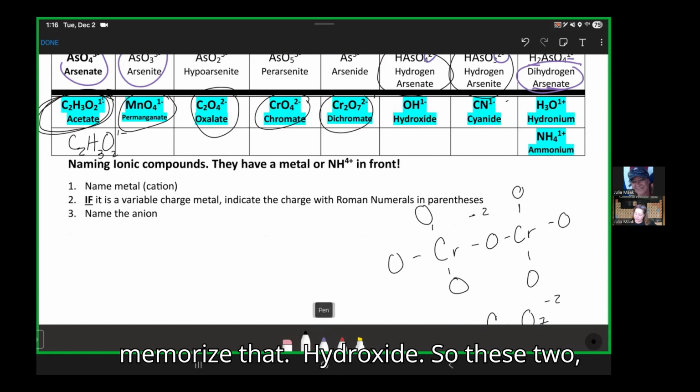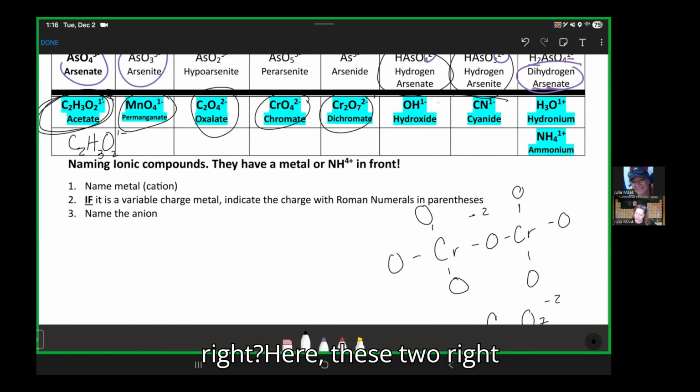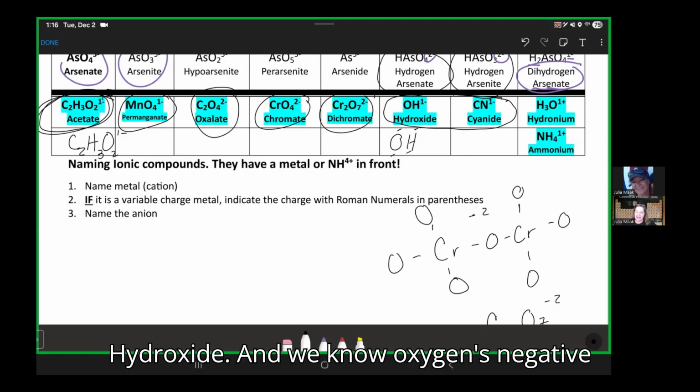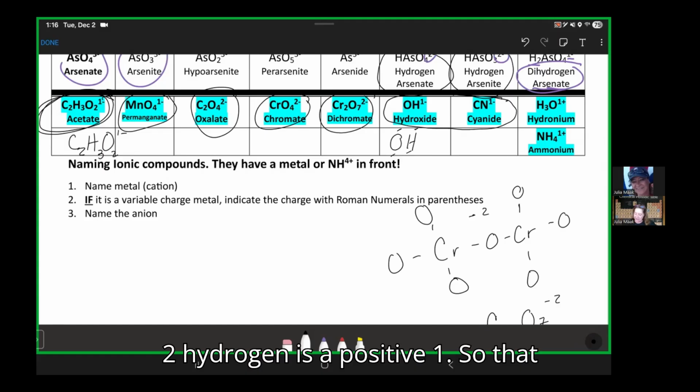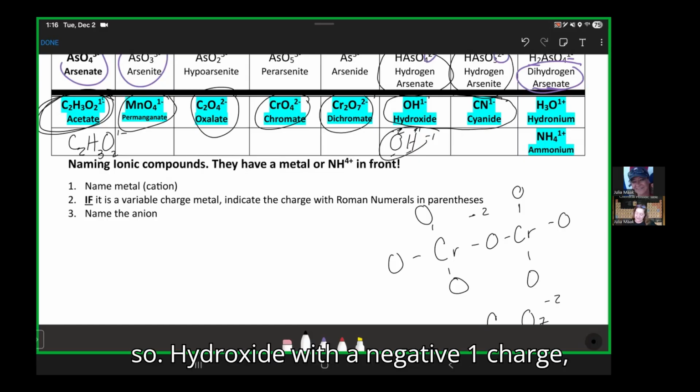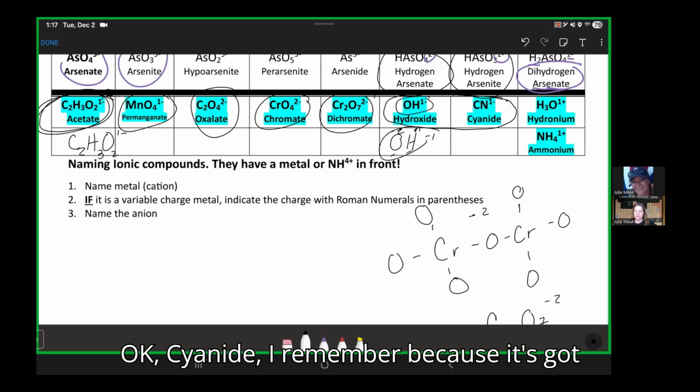Hydroxide, so these two right here only have 2 atoms in them. Hydroxide, a hydrogen and an oxygen. And we know oxygen's -2, hydrogen's +1, so that whole thing is a -1. So hydroxide with a -1 charge.